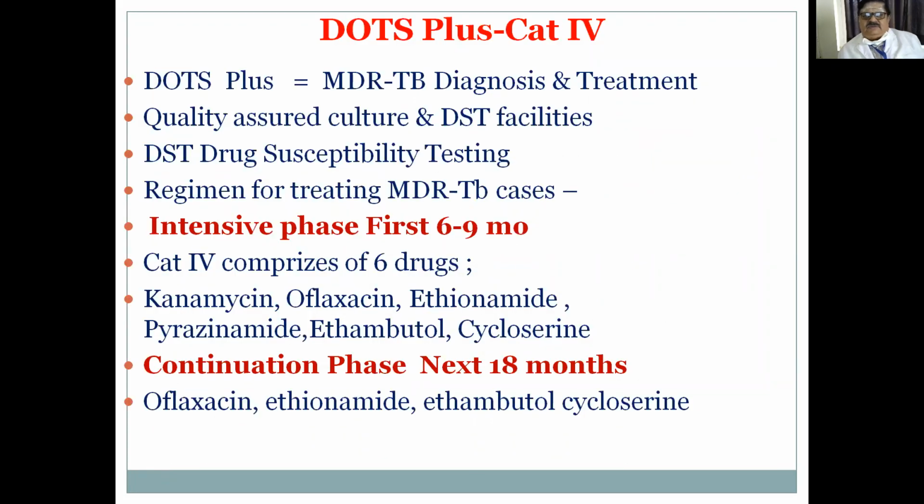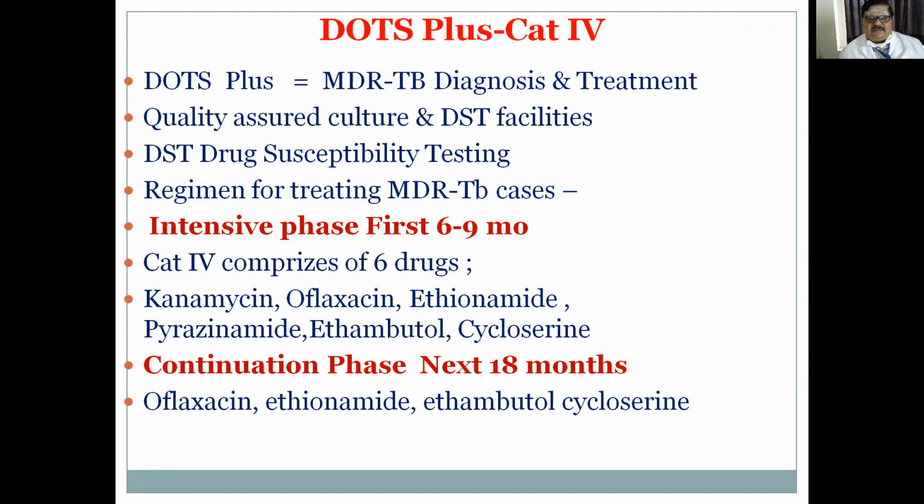As I told you, category 1, 2, 3 and DOTS plus and category 4 guidelines have changed because of the recent National Tuberculosis Elimination Program. Enough if you say there is an intensive phase of the first 6 to 9 months and a continuation phase for the next 18 months.